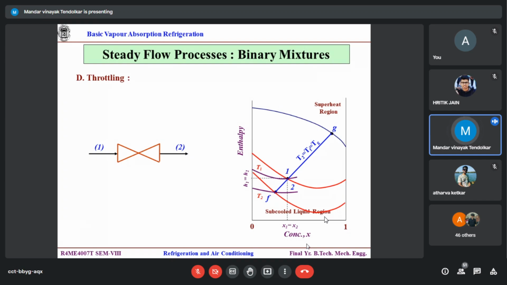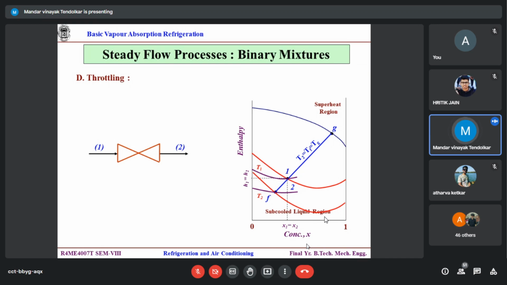And then accordingly I need to find the T2 with the same logic as F2G. Even if you say F1G, it is one and the same, but I'm not saying it because that is related to state 2, not 1. 1 is the saturated liquid, 2 is the two-phase. Because your pressure is reduced, the point remains there only. If the pressure is reduced, that means on the lower side, so that is the two-phase part.